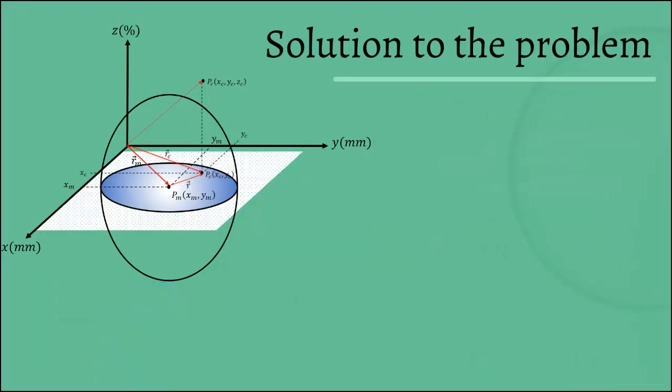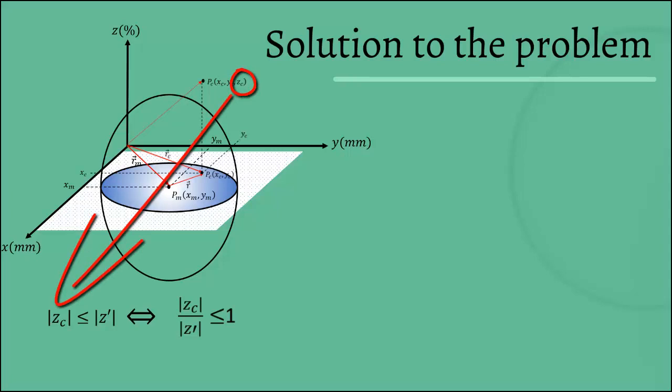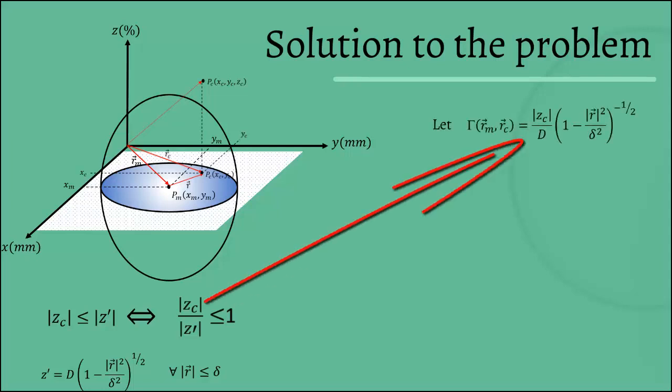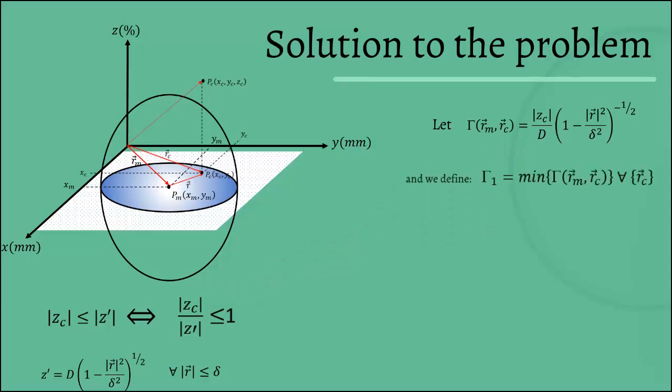Now, this inequality still holds if the quotient is less than or equal to 1. ZC is a value we know, and Z prime is given by the equation we already saw. We define the uppercase function gamma as the quotient of the absolute value of ZC over the absolute value of Z prime. We define the function uppercase gamma 1 as the minimum of the function gamma defined previously.